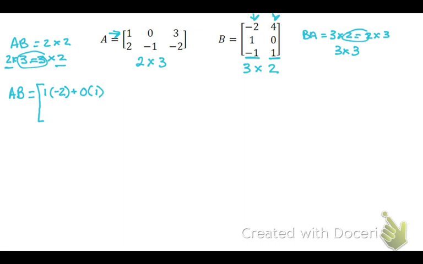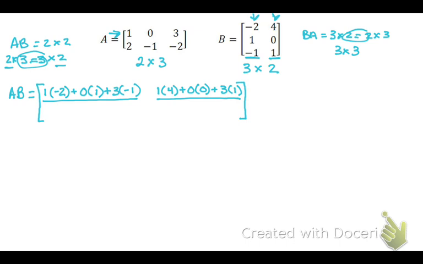Plus 3 times negative 1. So that is one term. Then we're going to move to the next term. So same row until I go through all the columns. So 1 times 4, plus 0 times 0, plus 3 times 1. So that's going to be your second.